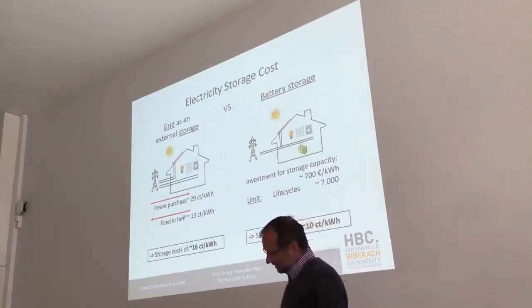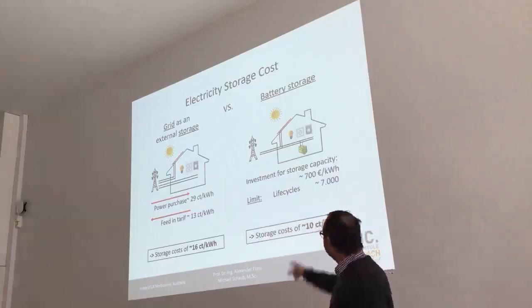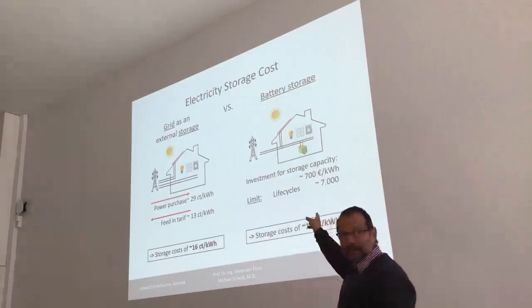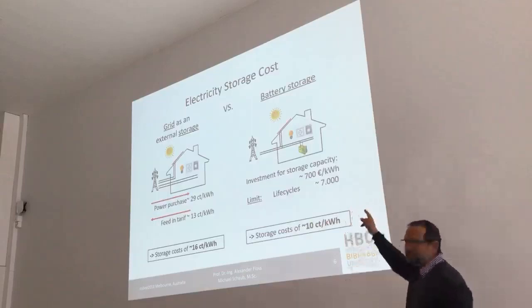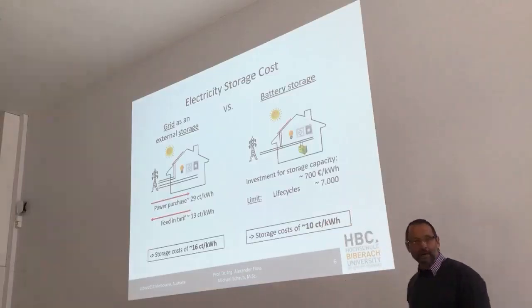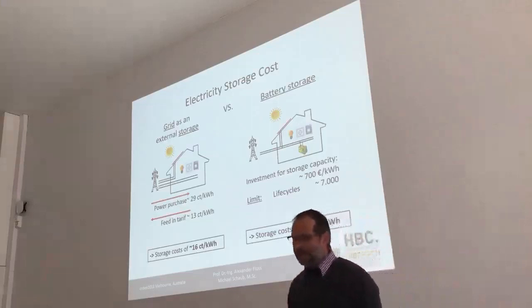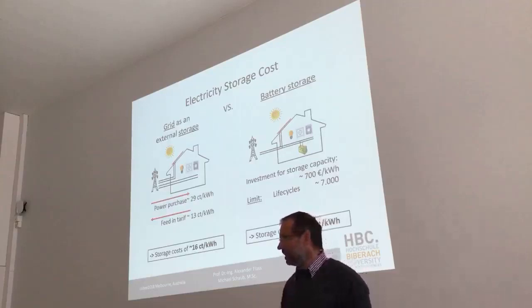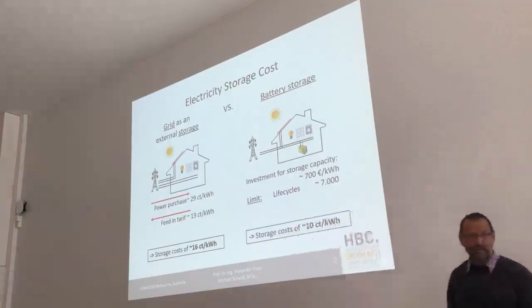In a static economic analysis, one would divide the investment costs of a battery system, which are nowadays around 700 euros per kilowatt hour electric capacity, by the number of maximum life cycles, charging cycles, which are around 7,000 nowadays.